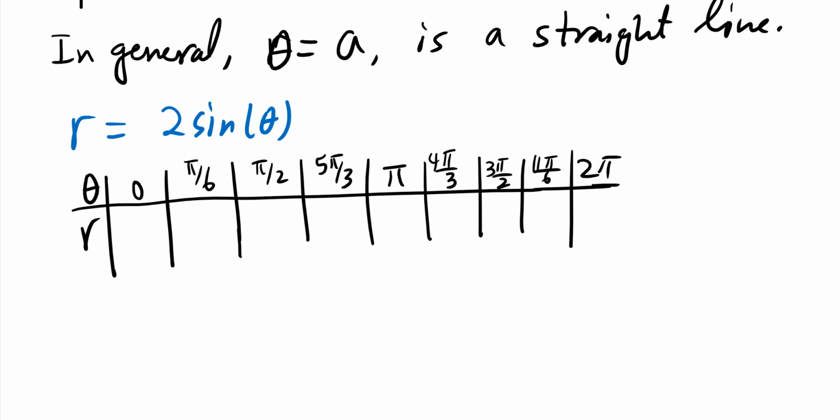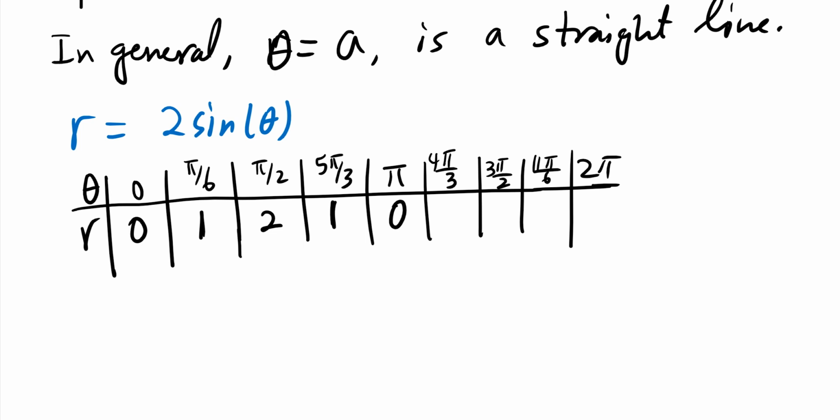If we substitute that in, sine 0 is 0, times 2 is 0. Sine pi over 6 is 1/2, times 2 is 1. Sine pi over 2 is 1, times 2 is 2. Sine 150 is also 1/2, times 2 is 1. Sine pi is 0.